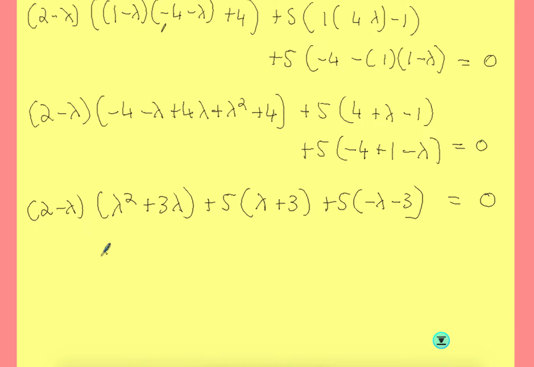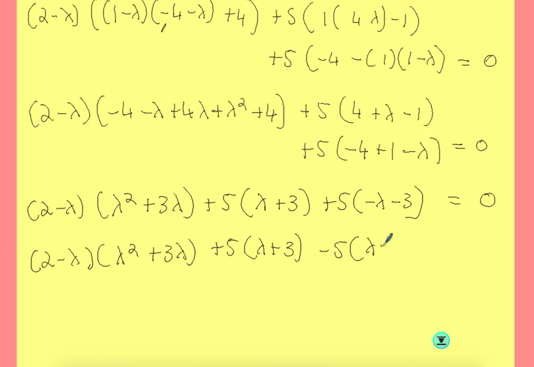Right, so can you see that thing there, and I'll show you by looking at it. If I take the negative out of this bracket here, it makes it take away 5, lambda plus 3, is equal to 0. And can you see these brackets are the same thing?